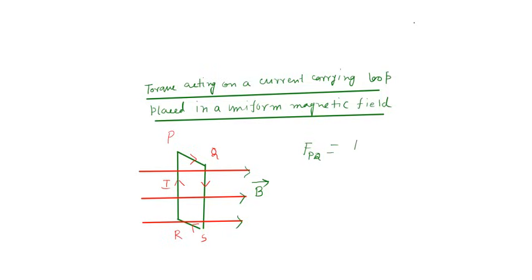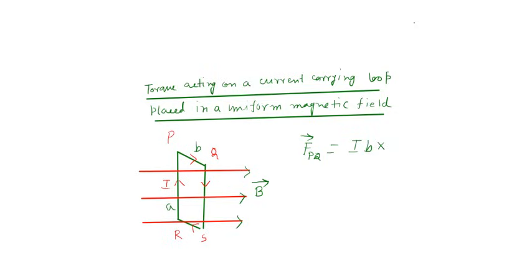The amount of current multiplied by its length. So let the length of this side PQ be b, and this length, PR, be a.